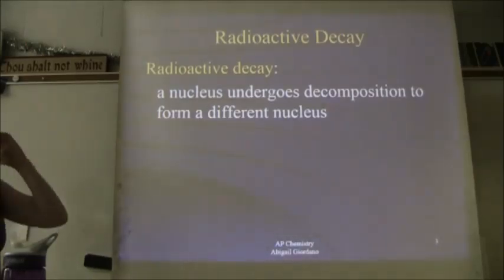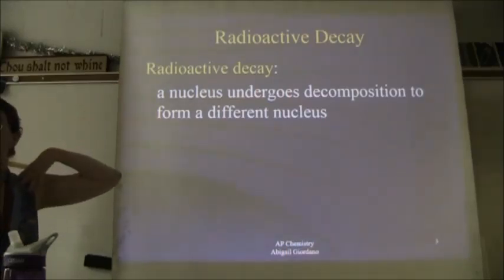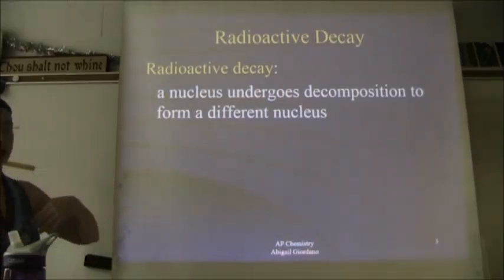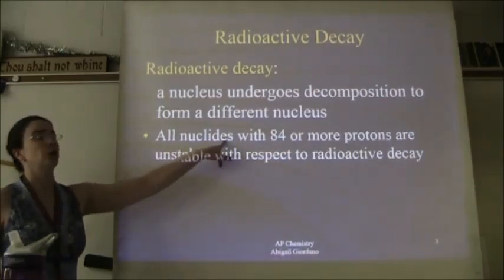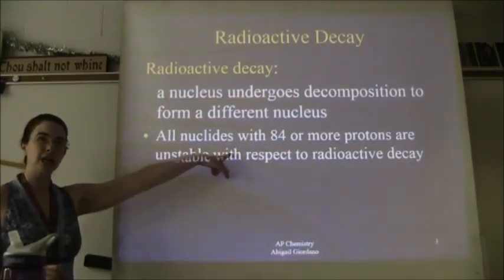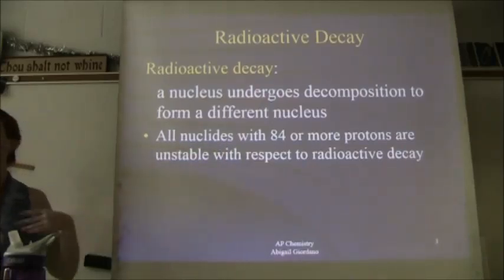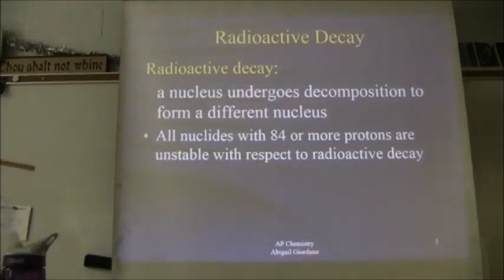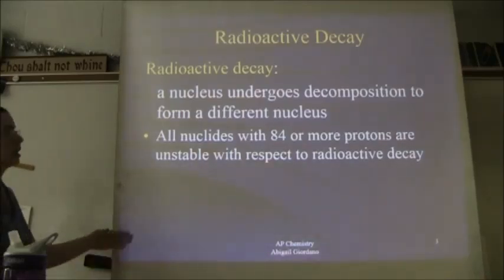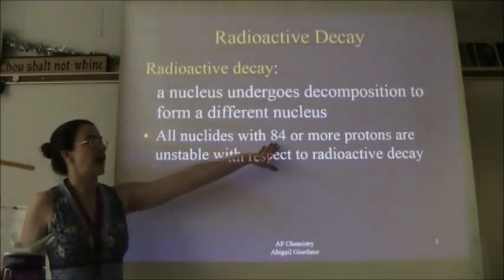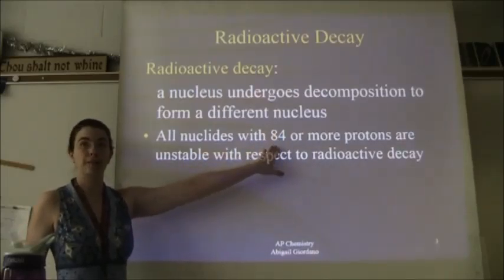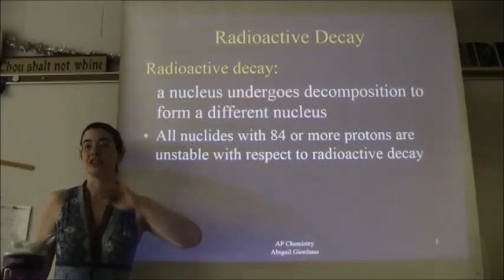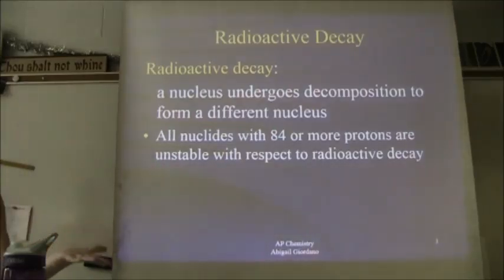Now, are all elements radioactive? No, they're not. First of all, you may or may not have seen this word before, nuclide. A nuclide just means some sort of radioactive particle, or a radioactive element. Elements that have an atomic number of 84 or more are automatically considered radioactive elements.